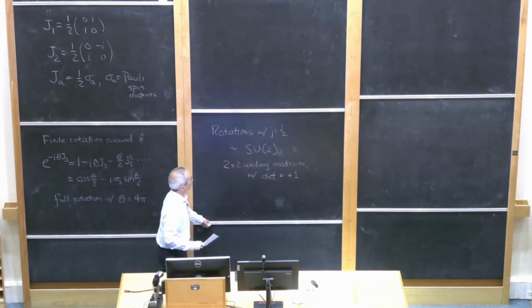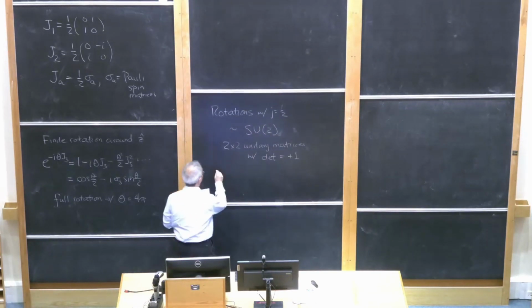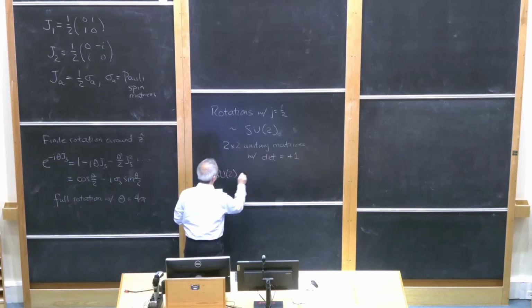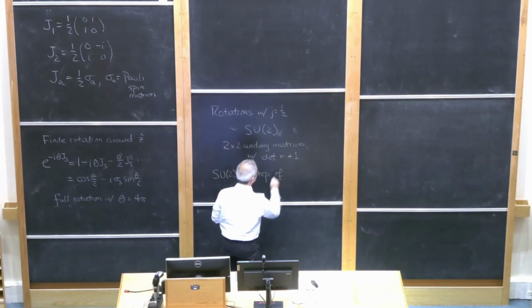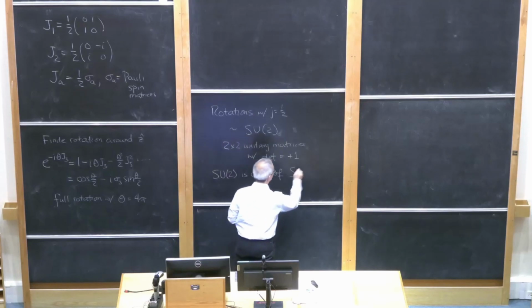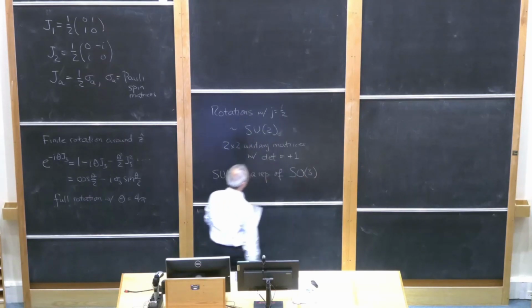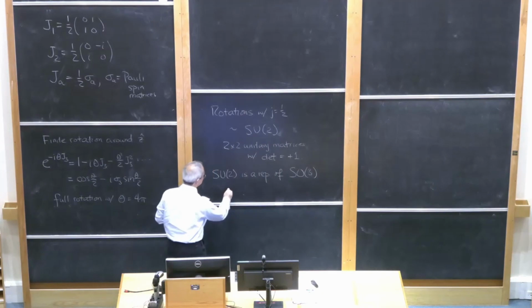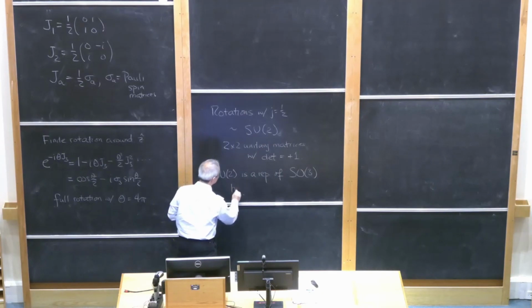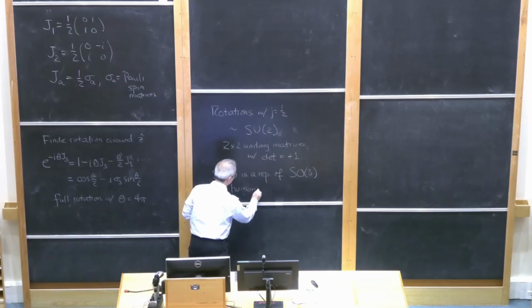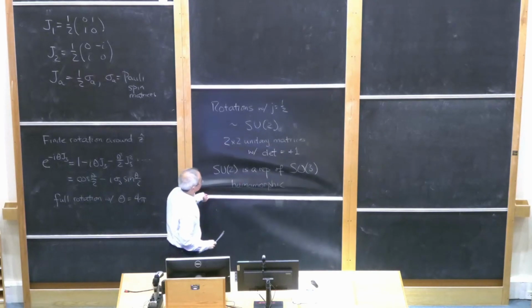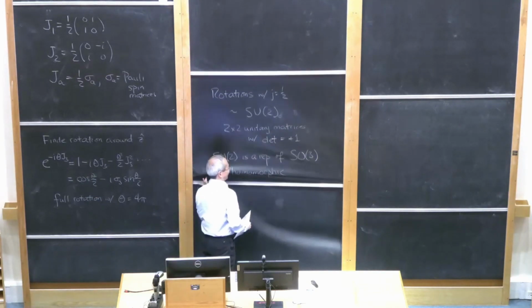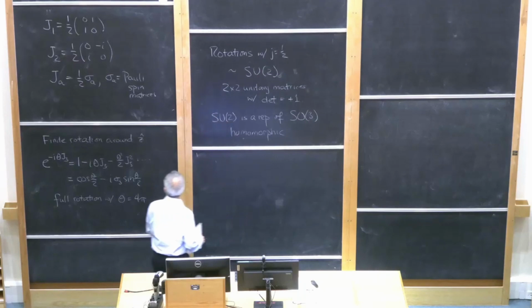So what we're finding is that SU(2) can be used as a representation of SO(3). But it is not a faithful representation. It is actually a homomorphic representation. Because in this case, it turns out, I'm not going to work out the details of that.